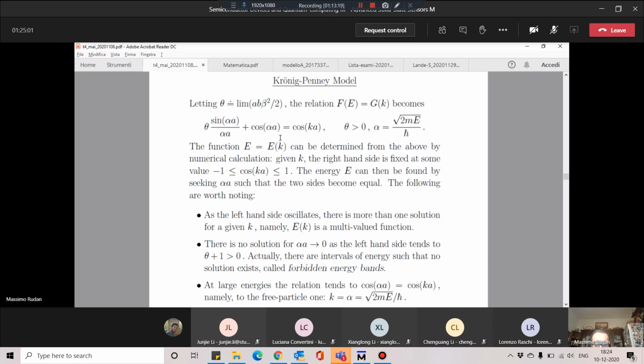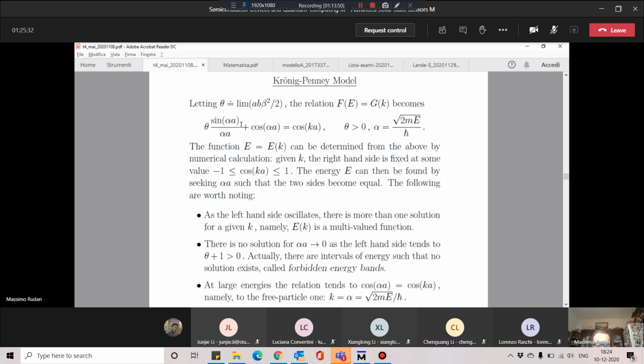So we fix K. Cosine of Ka becomes a number. And of course, this number is between 1 and -1, because we have the cosine. And then we check all the possible values of alpha, and we see whether the left-hand side becomes equal to the right-hand side.